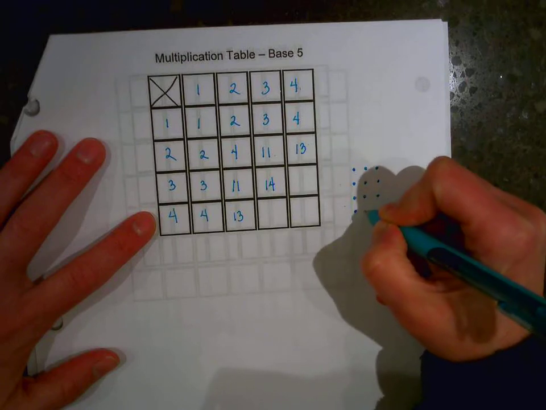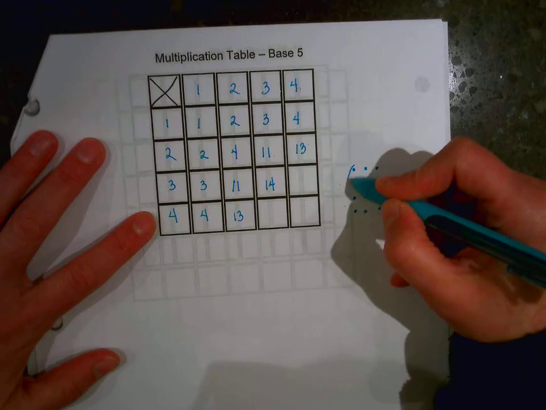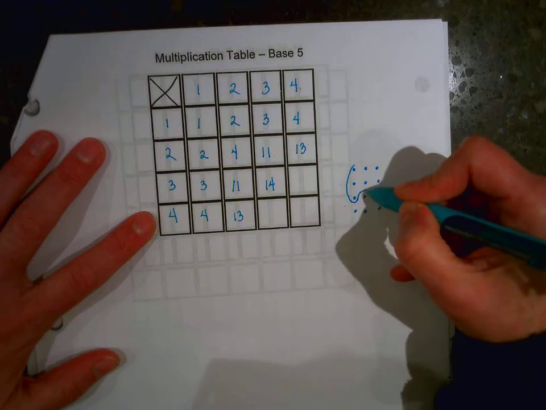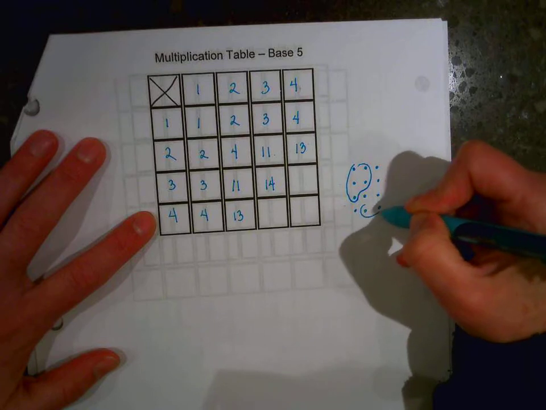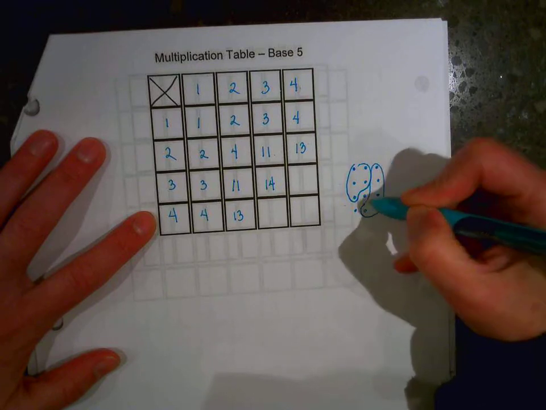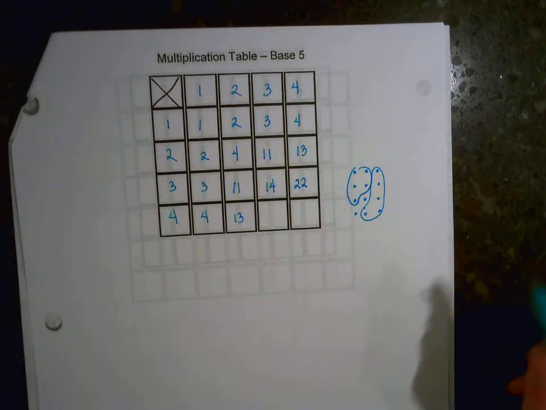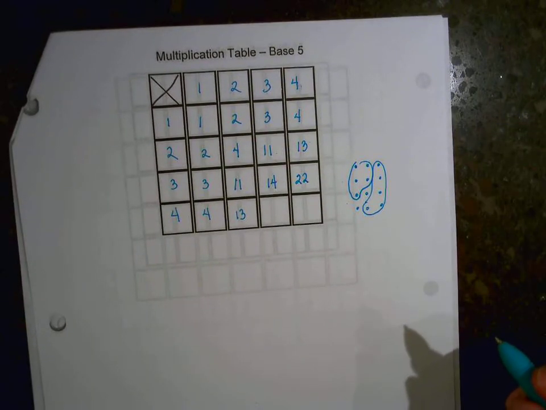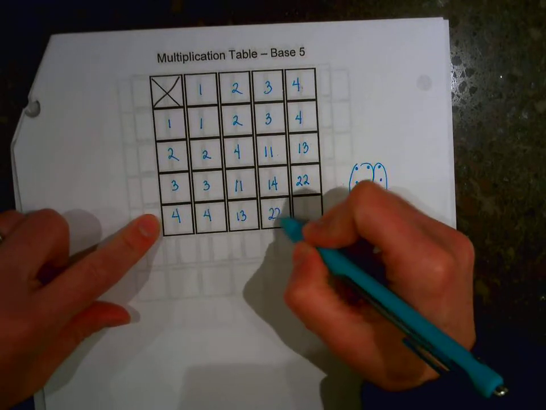You could do this if you don't want to deal with your fingers. And so how many groups of 5? You got 1 group of 5. Another group of 5. And then 2 singles left over. So 22. And then don't forget the double dip. So then down here, 4 times 3 is 22.